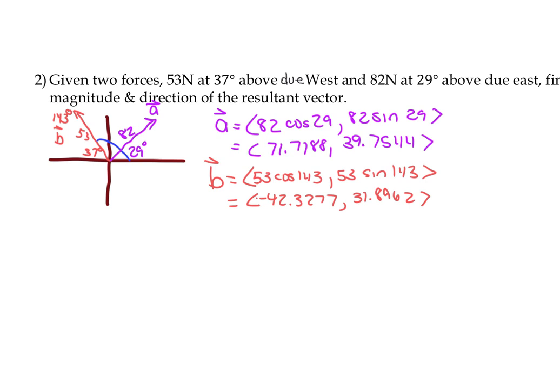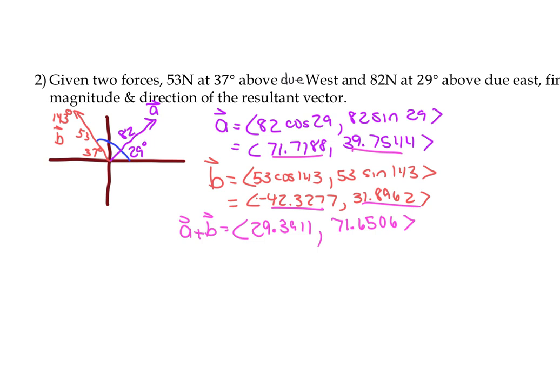So now we're going to find the resultant. I'm going to add the x components together, and I'm going to get 29.3911. And then I'm going to add the y's together, and that's 71.6506.